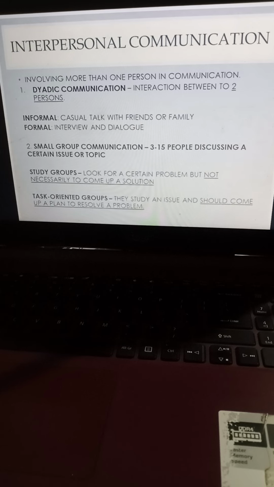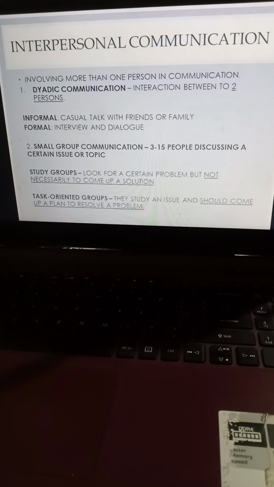First is the informal dyadic communication, which means you're just having a casual talk with your friends or your family, while formal dyadic communication refers to interview and dialogue. Again, dyadic communication, interaction between two persons.